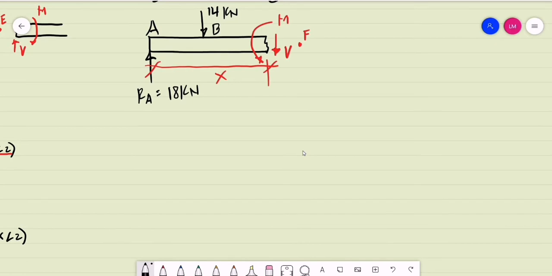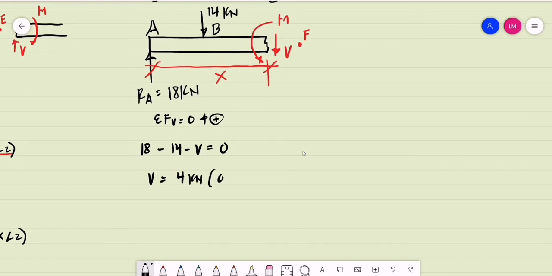We do the summation of vertical forces equal to 0, assuming upward forces to be positive. So that is the reaction at A, 18 kilonewtons, minus the downward load at point B, 14, minus the shear, equals 0. So the shear for segment BC is 18 minus 14, which is 4 kilonewtons.